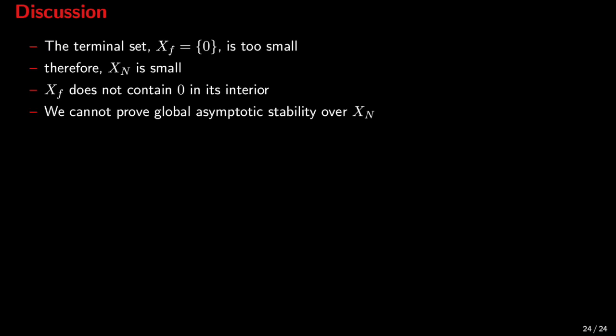Because if xf is a larger set, then xn will be larger, so the domain of the problem. And this is very important because xn is the set of states from which we can control the system. We can only control the system inside xn. If we go outside, we will not be able to solve the optimization problem. It will be infeasible.